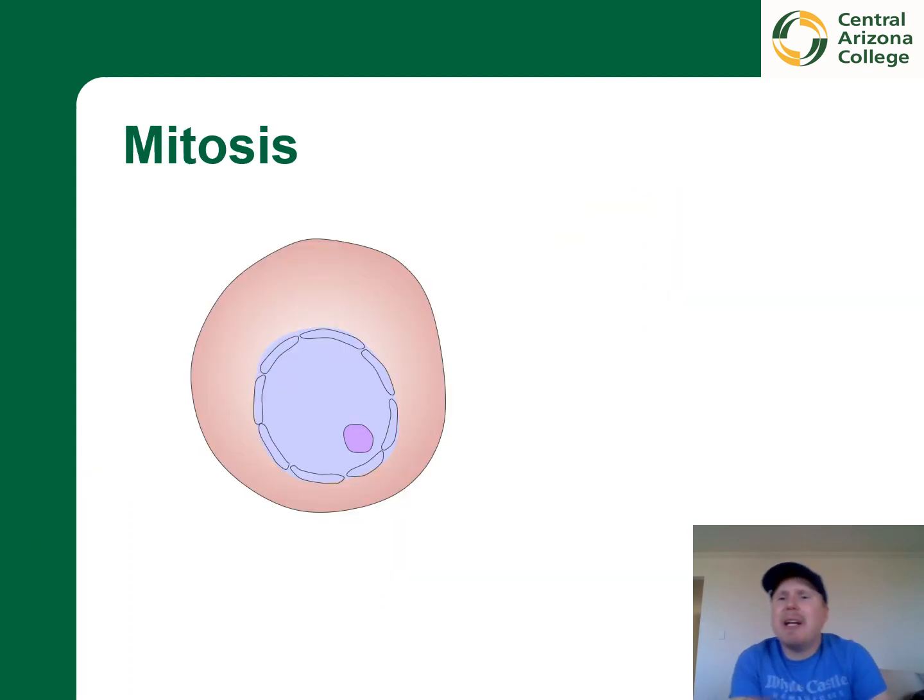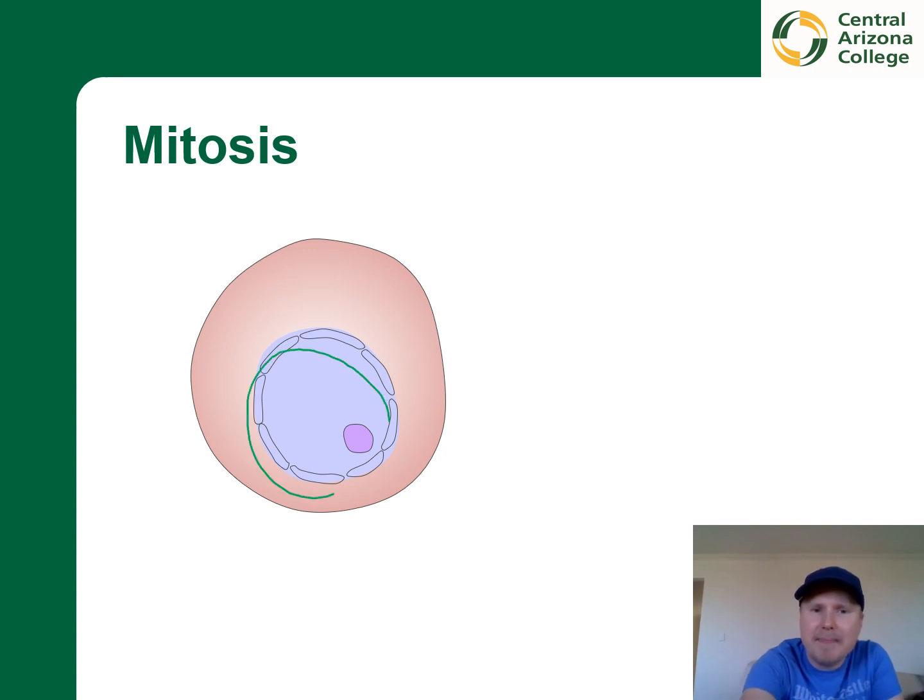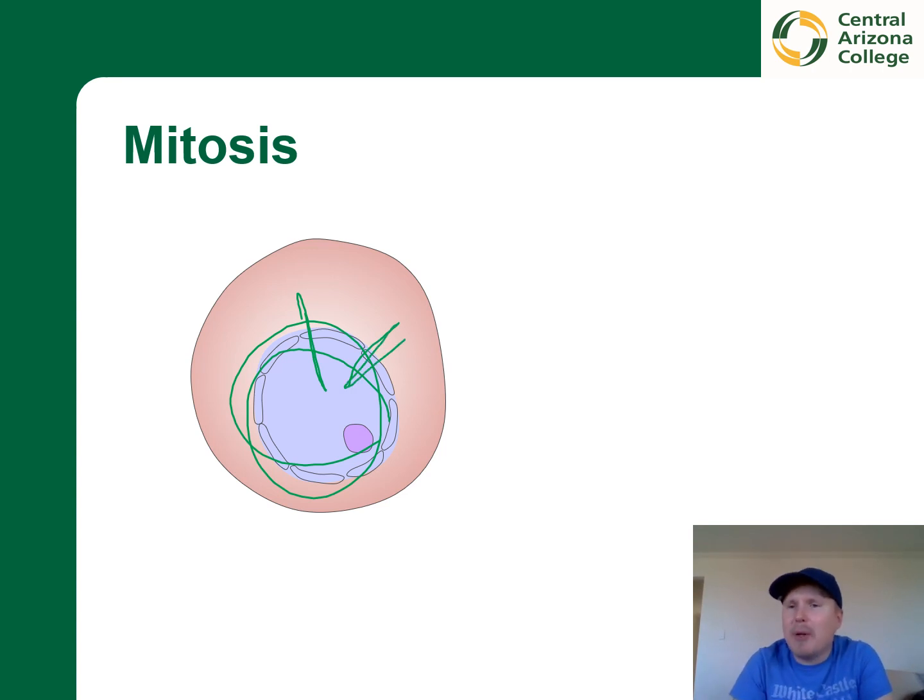So as we are ready to start mitosis, we have this cell where we can nicely see the nucleus and the nuclear pores. And inside there will be our DNA, which we will end up condensing into a structure that we saw before, a chromosome.